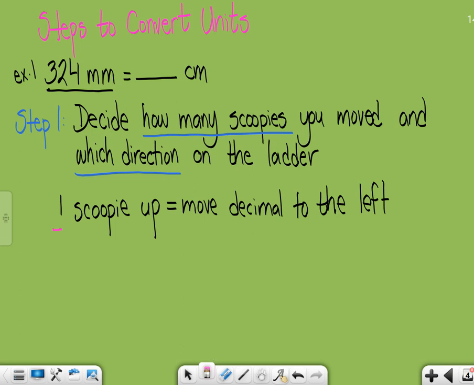So I went 1 Scoopie up, which means I have to move the decimal to the left. Okay, that's step 1, right? There's 2 things happening. We're trying to figure out how many Scoopies. That's 1 Scoopie. Okay, and then which direction? I went up. That tells me I need to move my decimal to the left. Okay, now let's go to step 2.